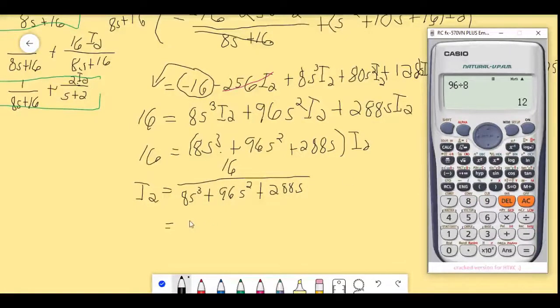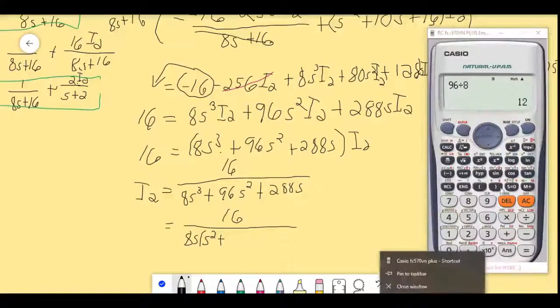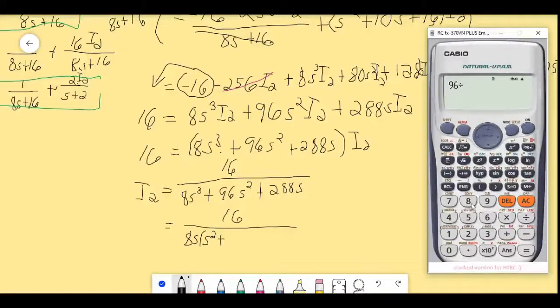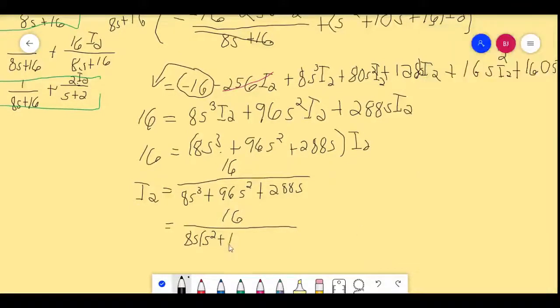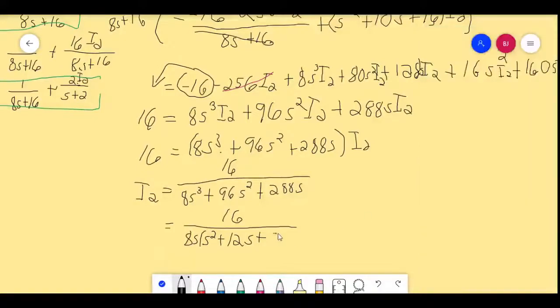So we have 16 over 8s times s squared plus, 96 divided by 8 would be 12, so 12s, and then 288 divided by 8 would be 36.